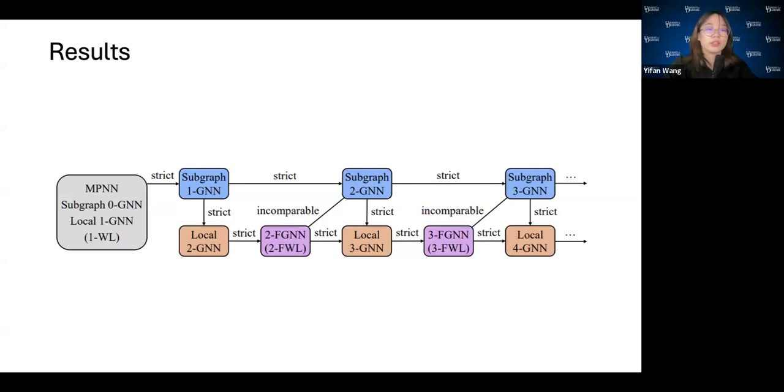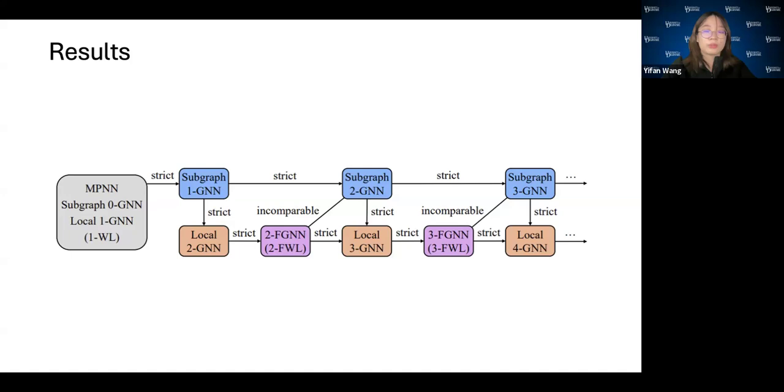Okay, then this figure represents a hierarchy of the GNN models in terms of their expressive power. So the higher order GNNs, like 2-GNNs, 2-FWL GNNs, 3-GNNs, are more powerful in terms of capturing complex graph structures.